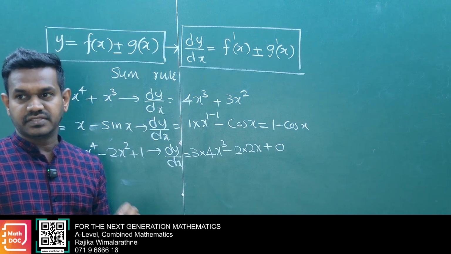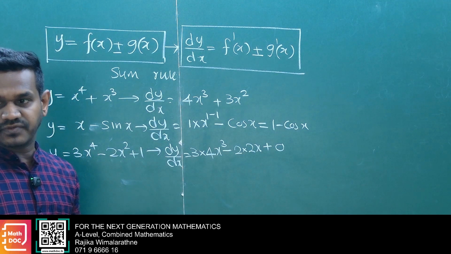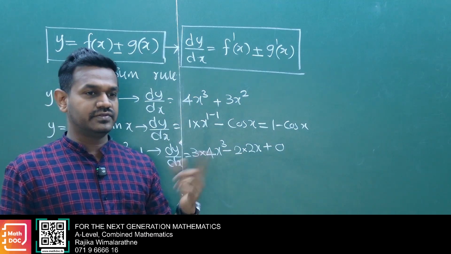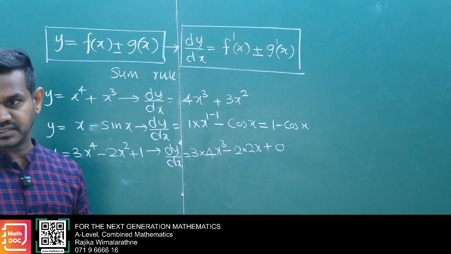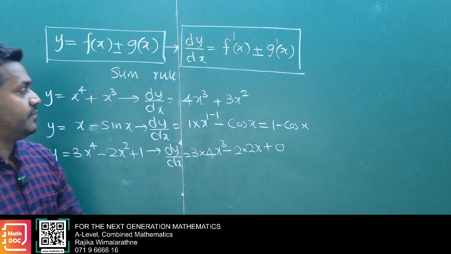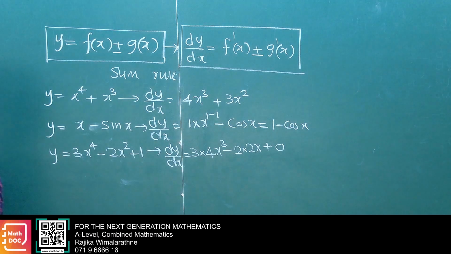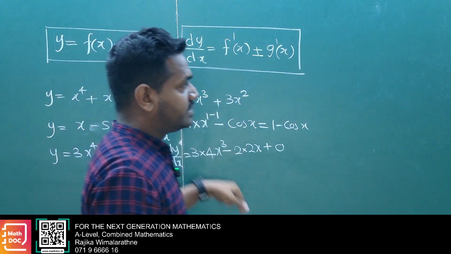So for addition or subtraction of functions, you can write derivative of the sum. We call that the sum rule. Second rule, write down the sum rule. Write the sum and the examples.